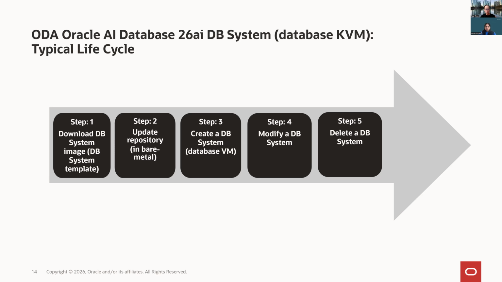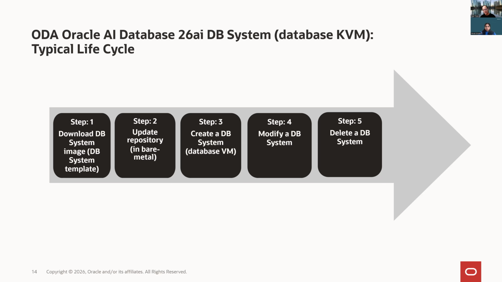You need the database system image or system template, which includes the operating system environment and will create the VM for you. Then you also need the clone files, the GI clone files and the database clone files. So there are three files you need to download to create a DB system.